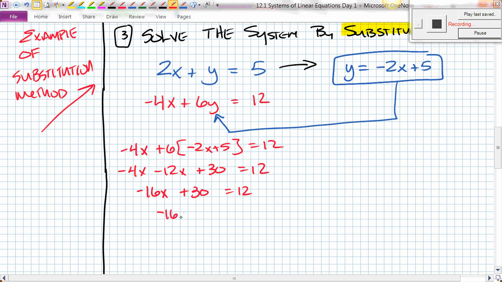Subtract it. You guys know exactly what's going on. So is that negative 18? So we'll divide by negative 16. So x, if I simplify or reduce my fraction, is 9/8, right? 9/8 is like 1.125.